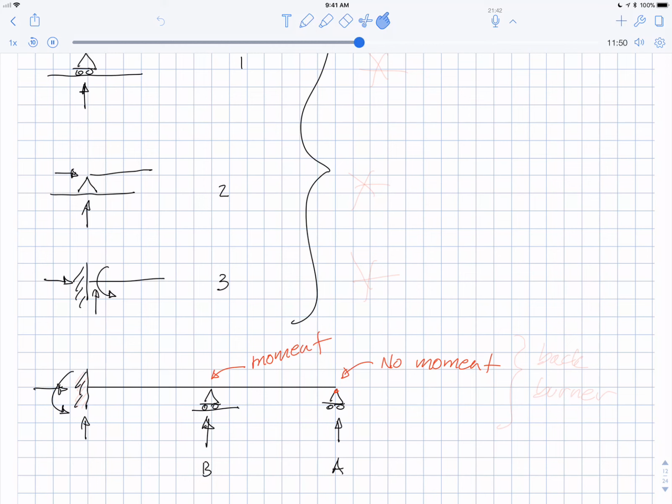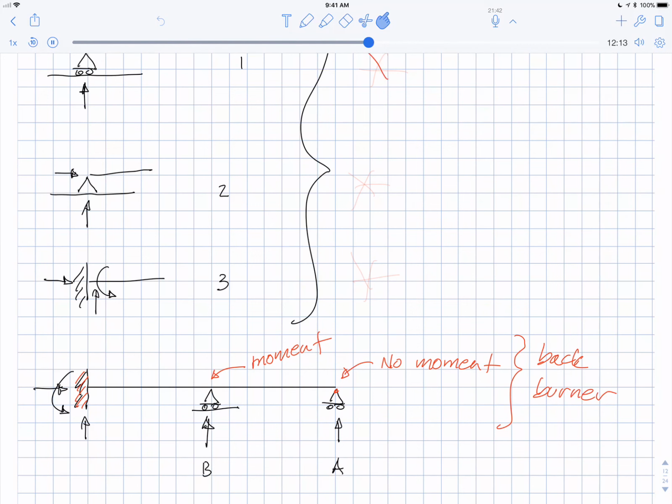The beam's not hinged, so there is a moment there. So at the end, when it's pinned like that, there's no moment, and in the middle, there is a moment internally in the beam. We'll talk about this later. It'll be confusing, but for now, let's just put this on the back burner. We'll come back to that later.